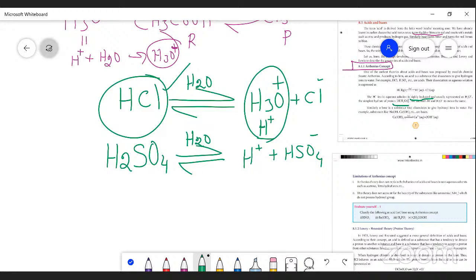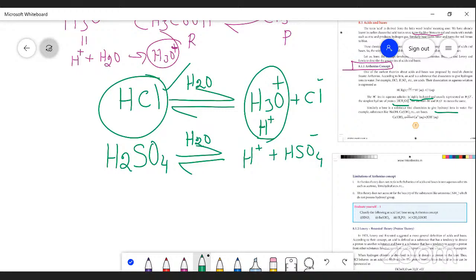Simple thing: if it furnishes OH minus ion, that is a base. According to Arrhenius, an acid is the substance which releases H plus ion. In the same way, a base is the substance which generates OH minus ion, the hydroxyl ion, in water.